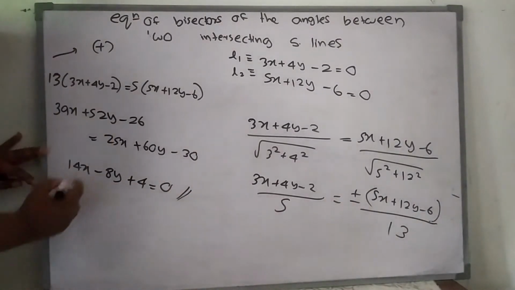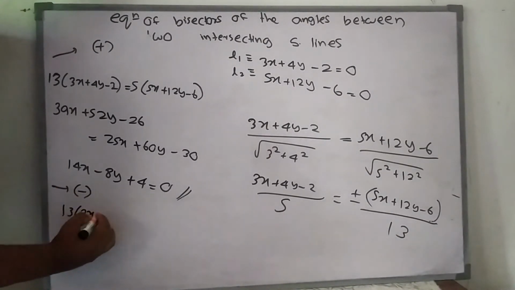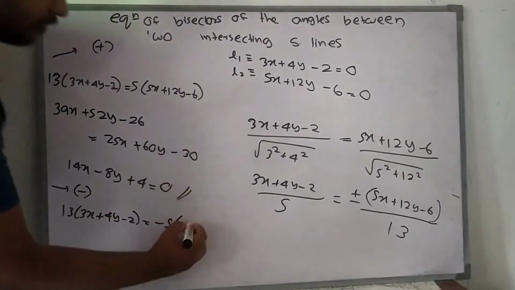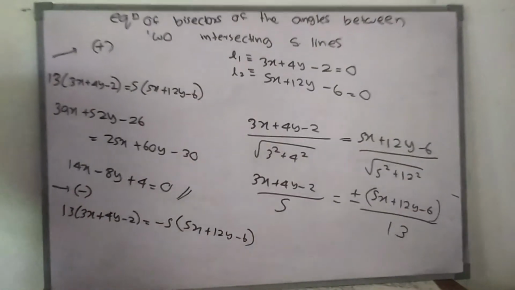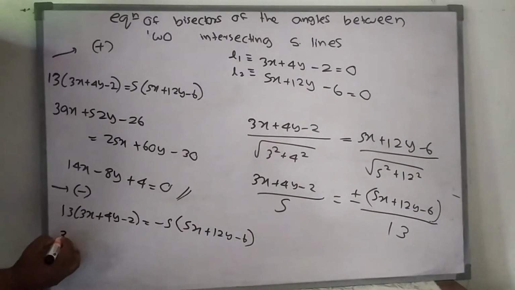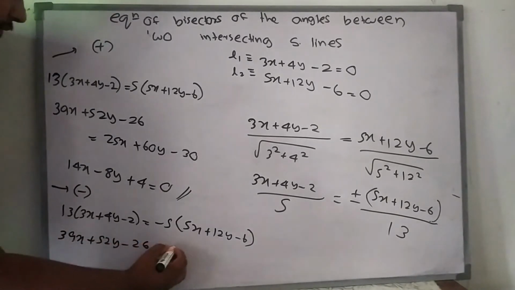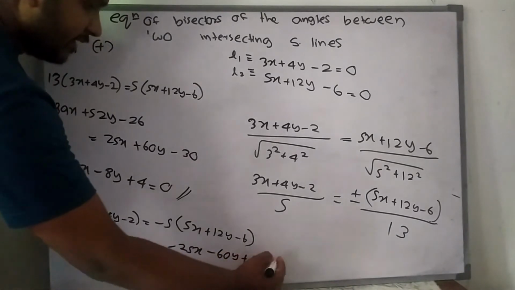And also the negative one: 13 into (3x plus 4y minus 2) equals minus 5 into (5x plus 12y minus 6). That is 39x plus 52y minus 26 equals minus 25x minus 60y plus 30.